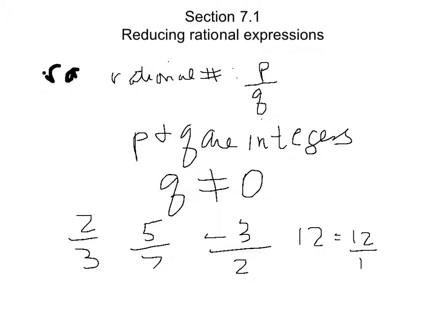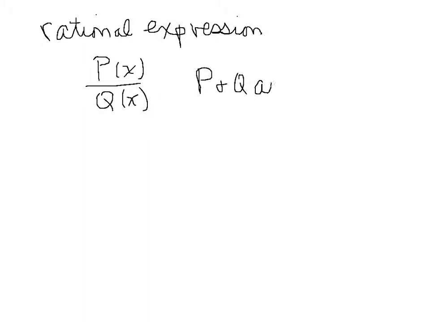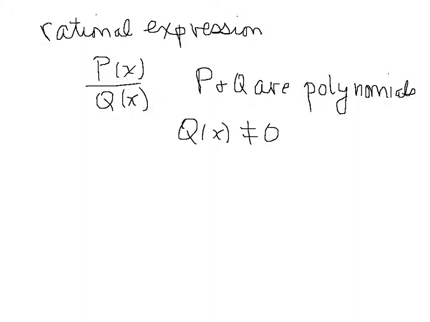And what we want to do is talk about what a rational expression is. So a rational expression is of the form p of x over q of x, where p and q are polynomials, and just as with rational numbers, q of x does not equal 0. So here's an example of a rational expression.